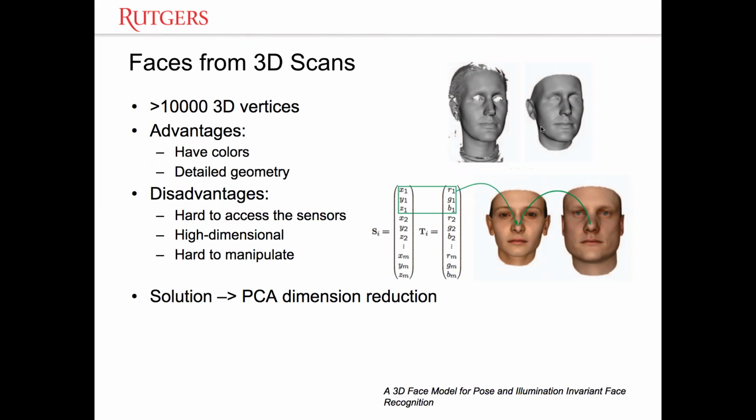In order to control and create new faces and expressions, what we are doing is principal component analysis, which is an unsupervised dimensionality reduction approach. So we can consider the vertices as a one-dimensional vector with the first vertex x1, y1, z1, and so on up to the m-th vertex.